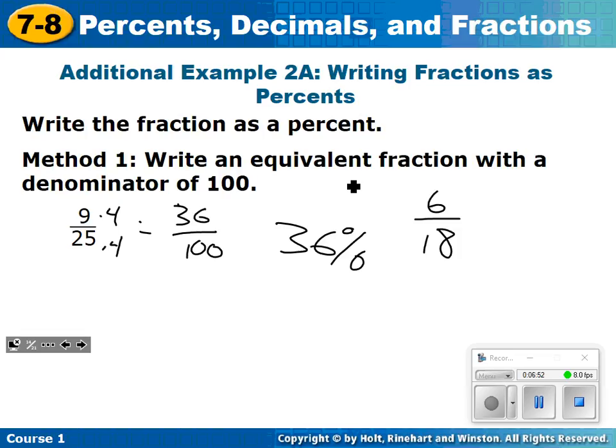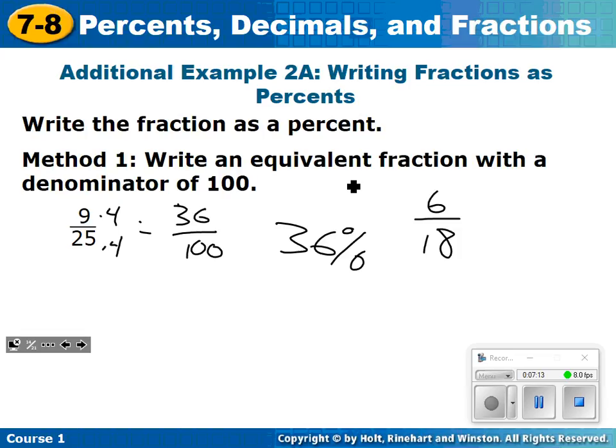Xander. How about turn it into a decimal? Once it's a decimal, we know how to do that, right? All we do is move the decimal over to the right 2 spots, add a percent symbol, and we got it, right? So just turn it into a decimal.